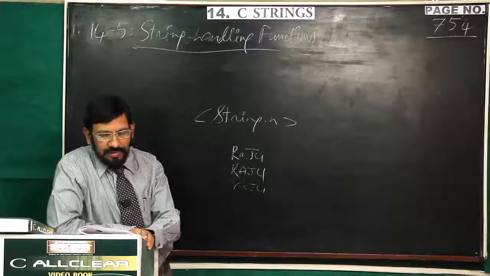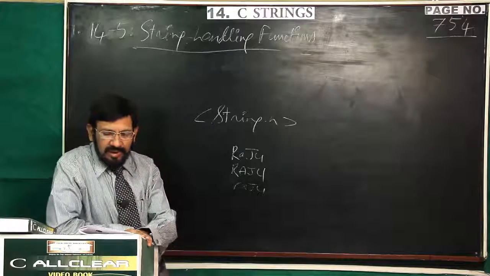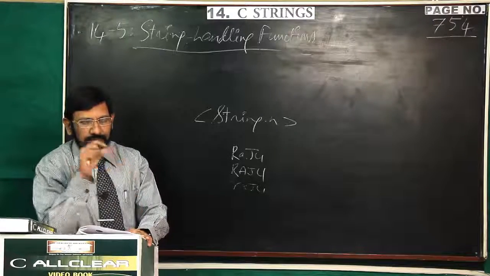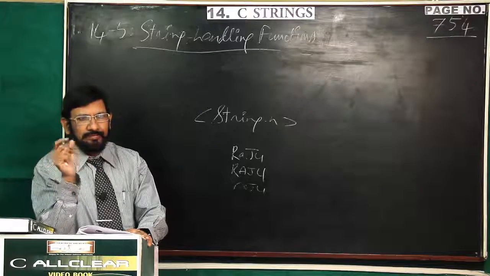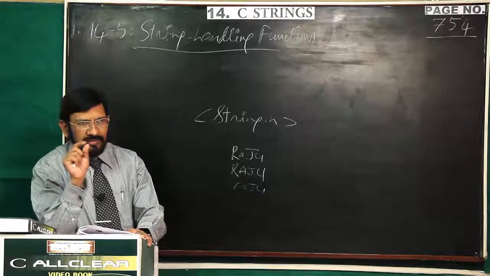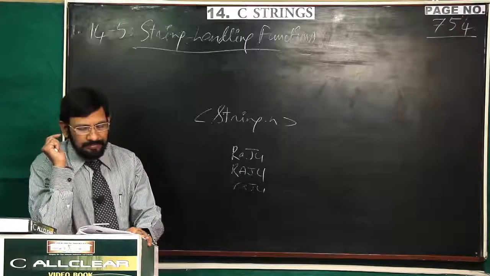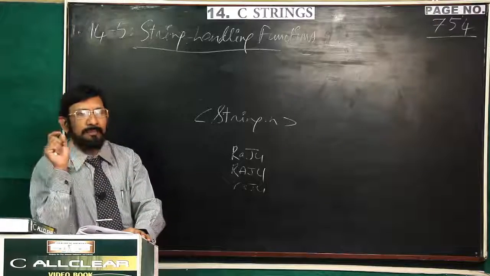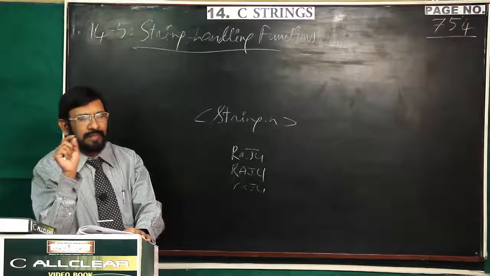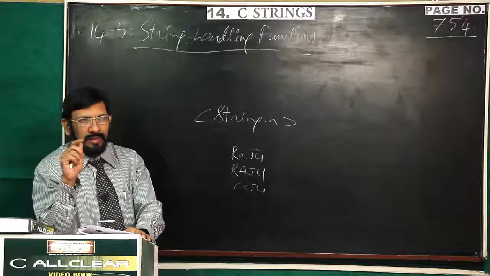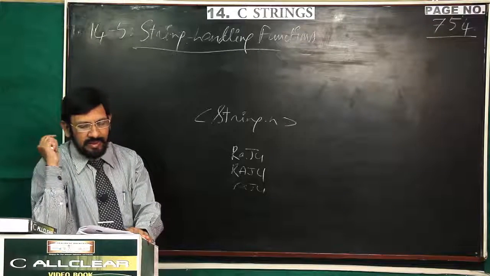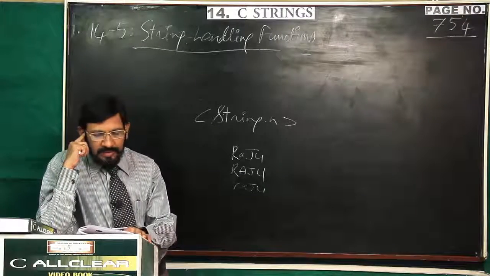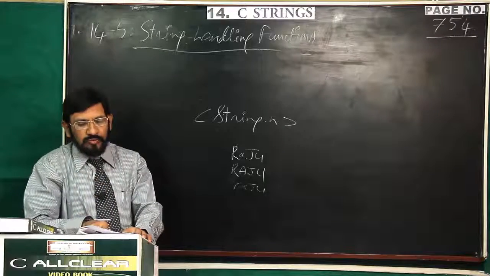Next, strset. It sets all characters of a string with a given argument or symbol. Whatever character you give, it replaces all the characters in the string. And strnset sets a specified number of characters. N always means a specified number. The specified number of characters are replaced by another character; that is called strnset. strspn finds up to what length two strings are identical.